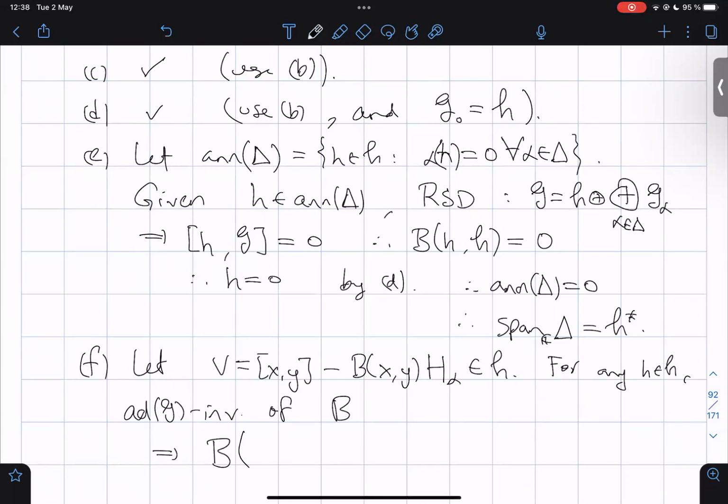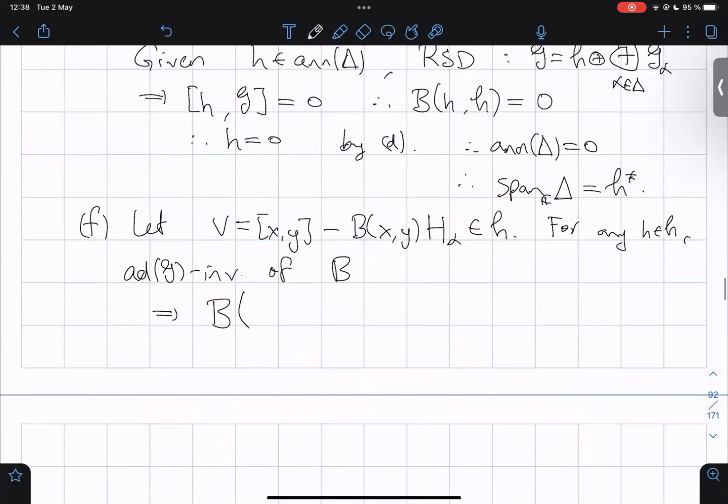It says that if we act with an X, invariance means this. So please stop me if you have any questions. We're going to use this invariance condition to show that this V is 0.